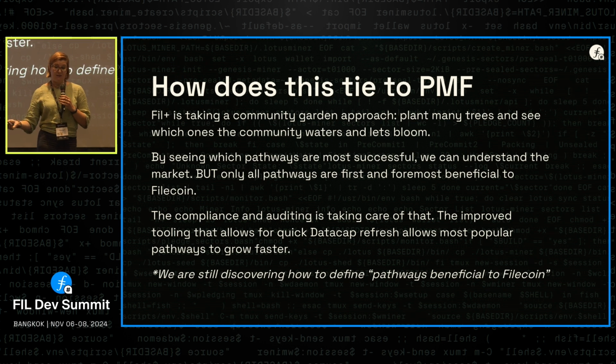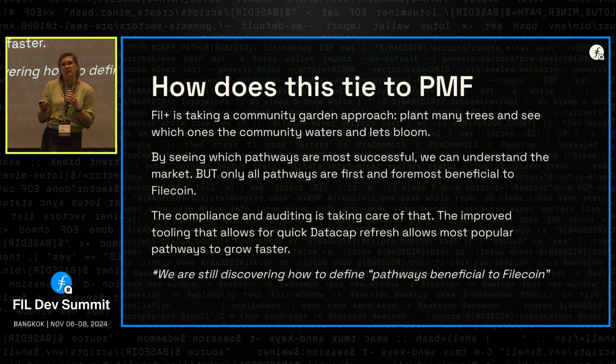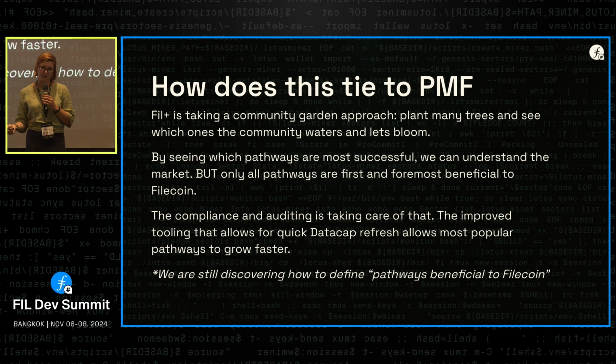And then we see which one of those the community waters and lets bloom, meaning which allocator is the most popular, where the data cap goes. Of course, by seeing which are more successful, we can understand the market. We can see what's good, what people see as the best ease of use versus ease of engagement versus difficulty of being compliant, and so on and so forth.